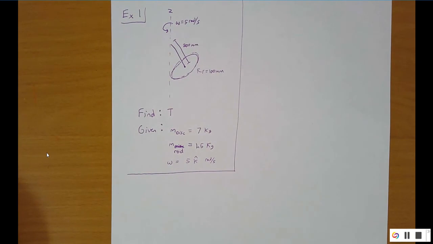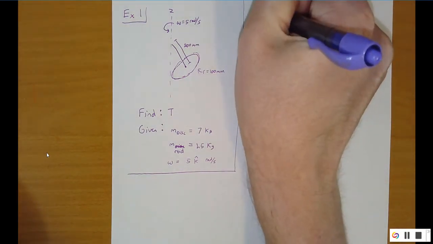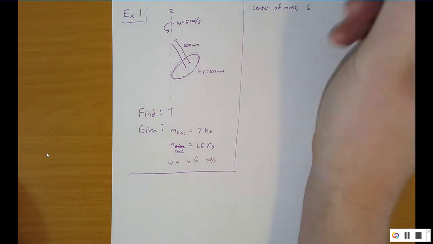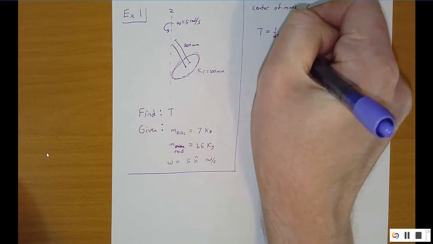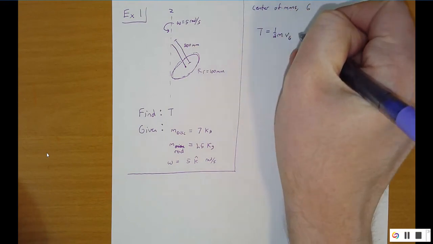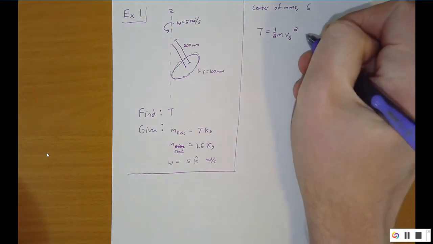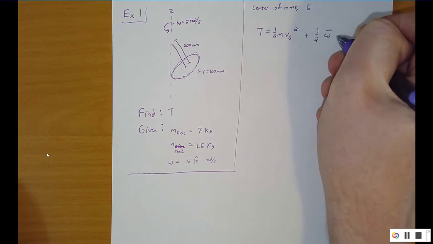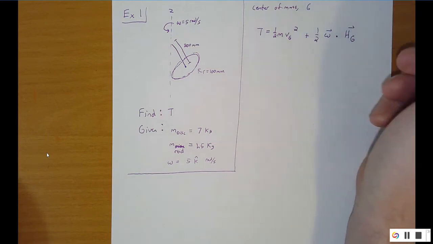So before we can proceed, we need to write out the equations for kinetic energy. We'll start off about the center of mass, G. The generic equation is T equals 1/2 mass times the velocity of the center of gravity squared. This is a scalar, so just the magnitude, plus 1/2 omega, the vector, dotted with our angular momentum, H_G.